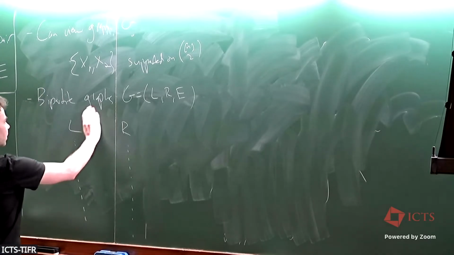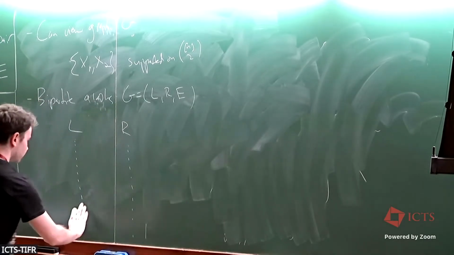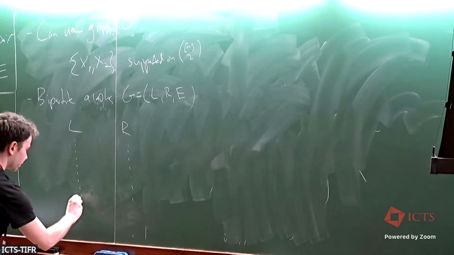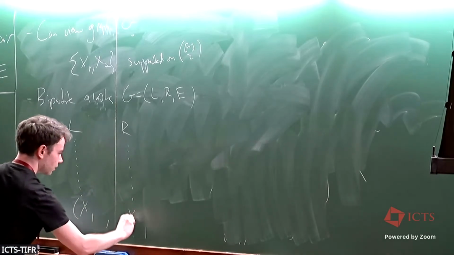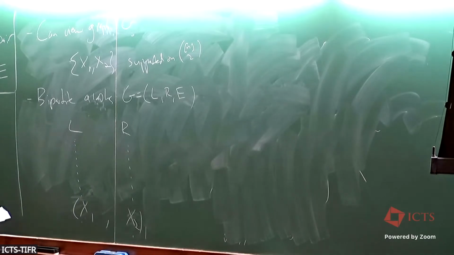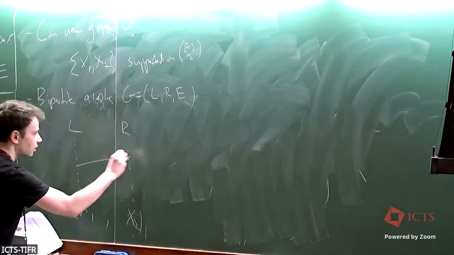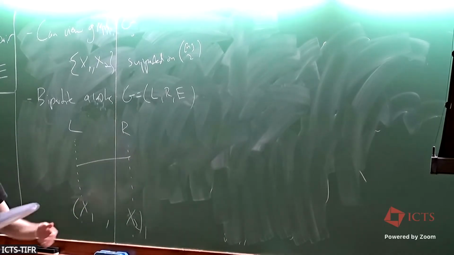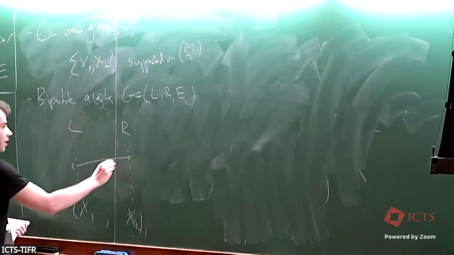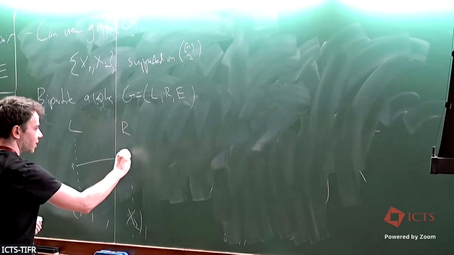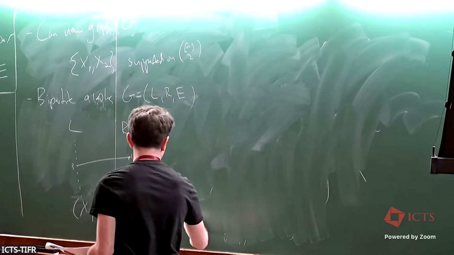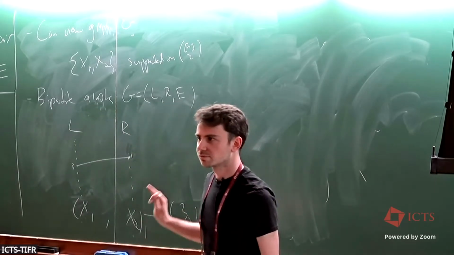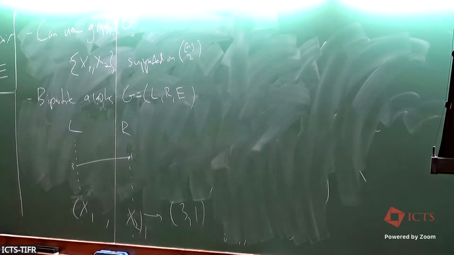We can think of a variable x1, x2, where I draw a random edge and x1 takes the value of the left vertex and x2 takes the value of the right vertex. So if this were 3 and this were the first vertex, then this would be taking the value (3, 1). Okay, so it's just a two-dimensional distribution.